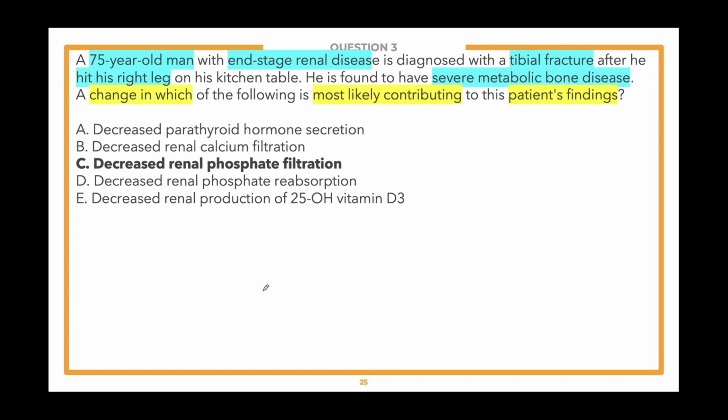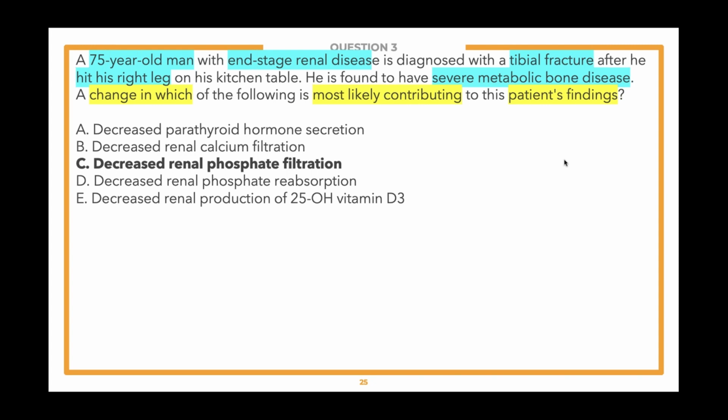So remember, renal production is of 1,25, the two hydroxylated sites. Answer choice D is kind of the opposite. We're having too much phosphate, and this answer choice is getting at the opposite. Answer choice B, that is not really what's happening. We're not really affecting calcium filtration.